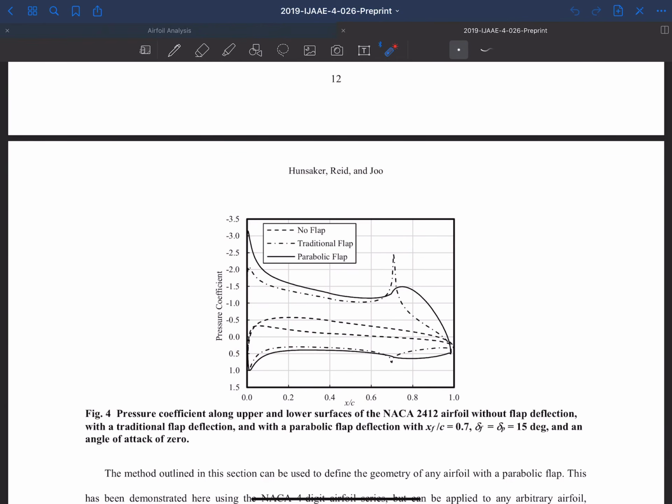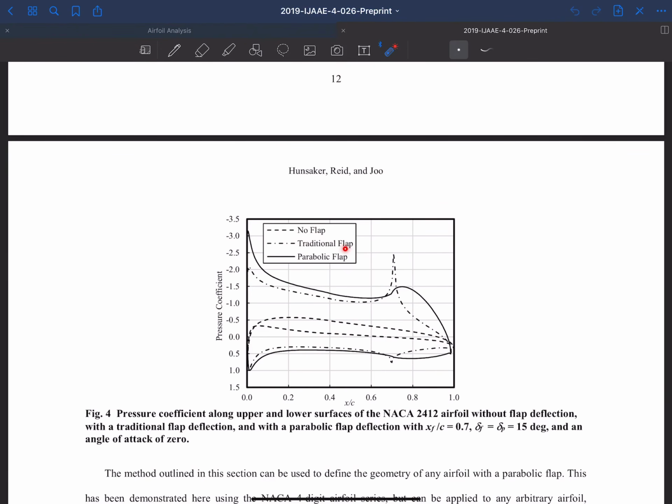Let's look at no flap: the 2412 looks like this, the dashed lines in here. Pretty benign adverse pressure gradient. Remember, adverse pressure gradient is how quickly we go from a low pressure to a high pressure as we go down the back part of this airfoil. So this is the original 2412.